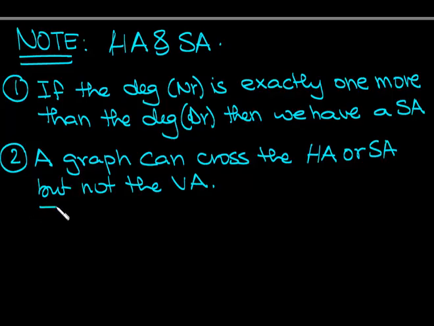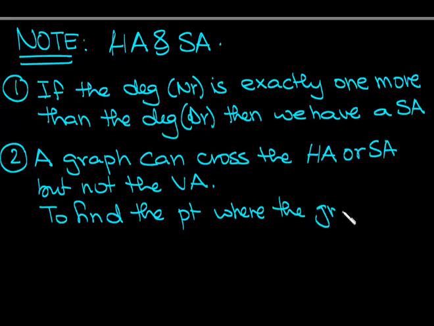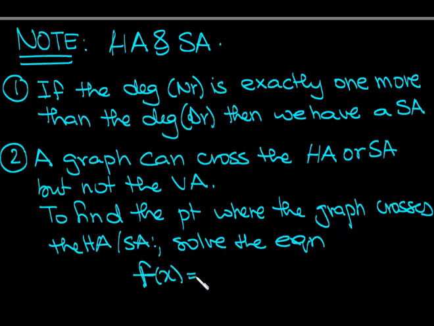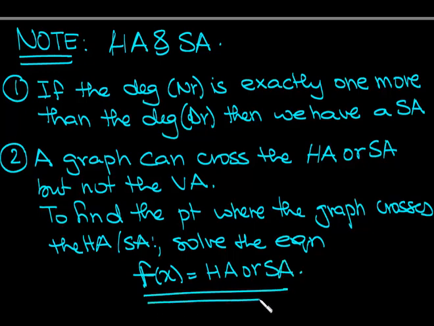To find the point where the graph crosses the horizontal asymptote or the slant asymptote, solve the equation: my function f of x is equal to the horizontal asymptote or the slant asymptote. So we solve this equation. Okay, and I'll give you an example of that so you'll be able to see. Well, let me go ahead and give you one right now.